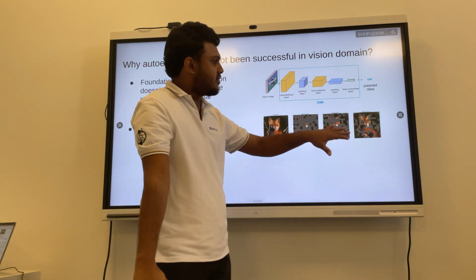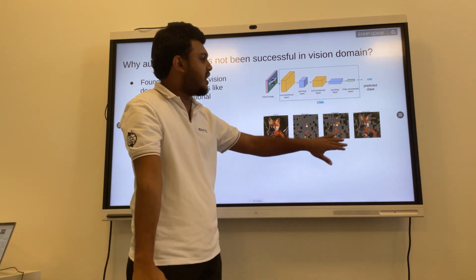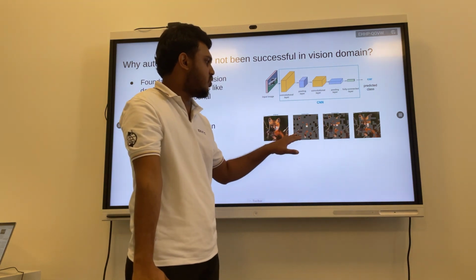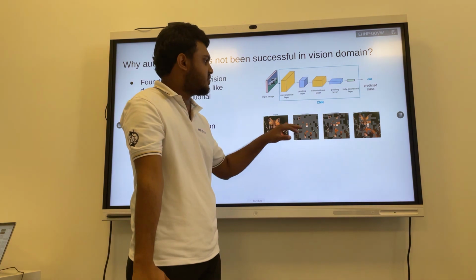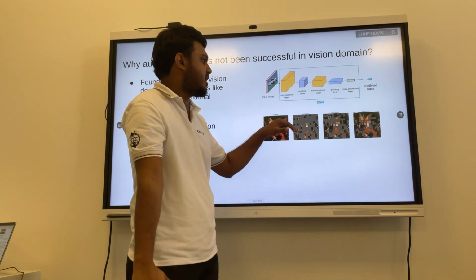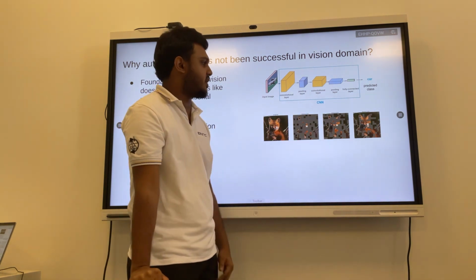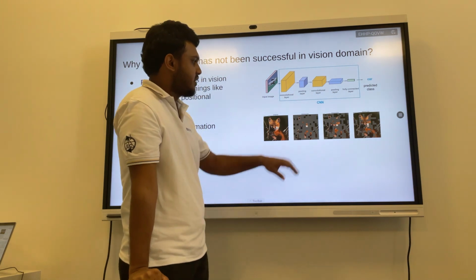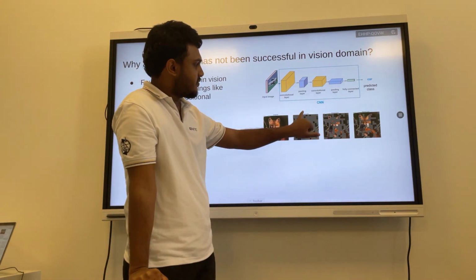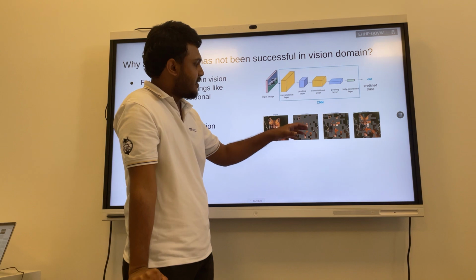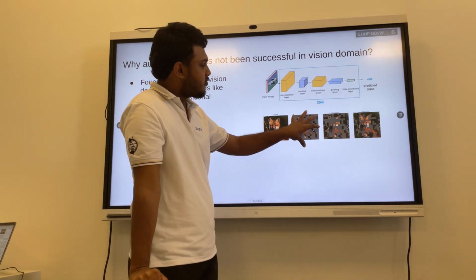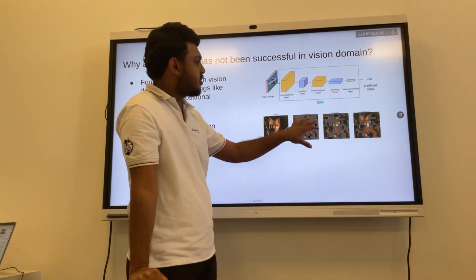So in vision, we obviously have to mask out more than in language. In this paper they have shown that masking percentages like 75% will work. In this case, for this image, you can see the model will need a strong understanding of the image in order to reconstruct it, right?